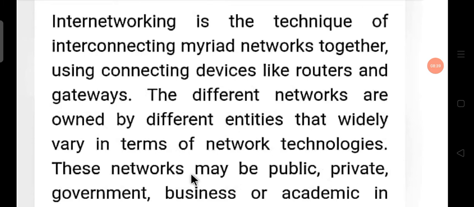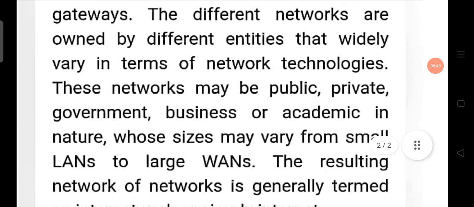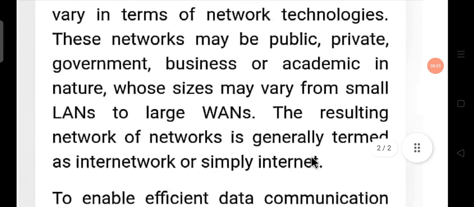These networks may be public, private, government, business, or academic in nature, whose size may vary from small LANs, local area networks, to the large WAN, wide area network. So the resulting network of networks is generally termed an internetwork, or simply internet.